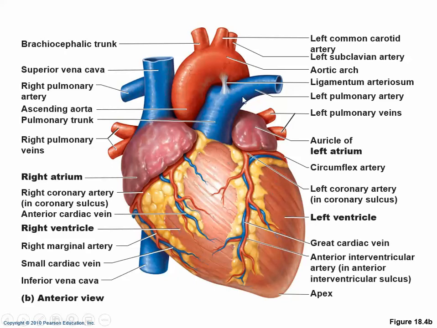This is the pulmonary artery, the left one and the right one here, where they branch from the pulmonary trunk, which is really the main pulmonary artery. That comes out of the right ventricle. It carries deoxygenated blood. This is the aorta. It's the main systemic artery of the body. It comes out of the left ventricle and it carries oxygenated blood.